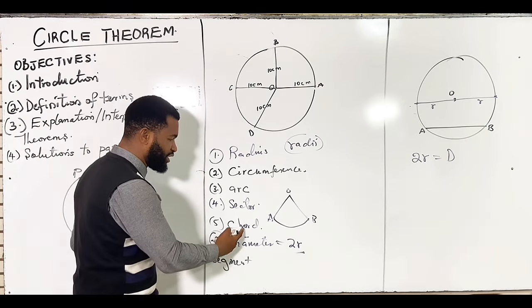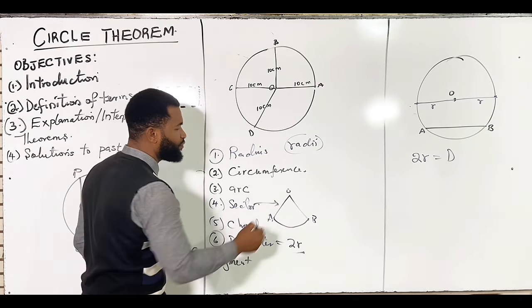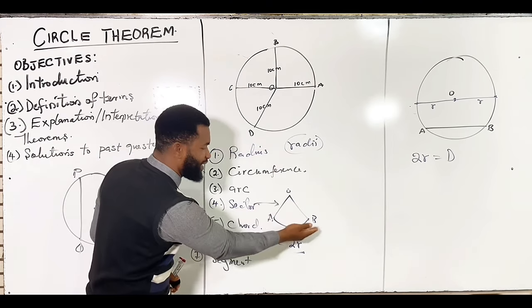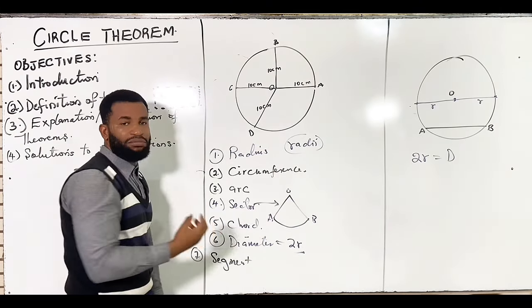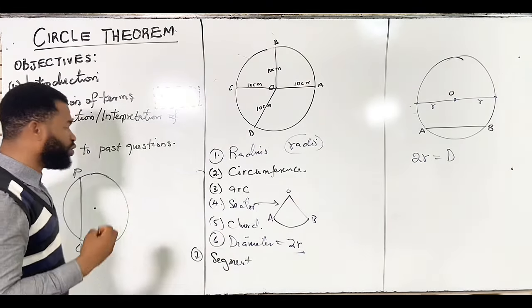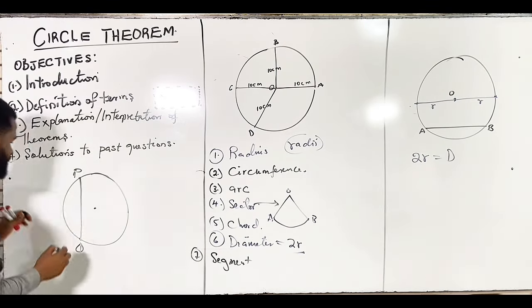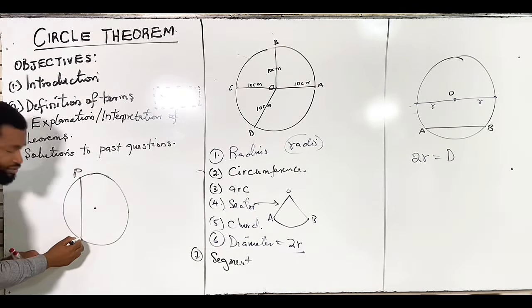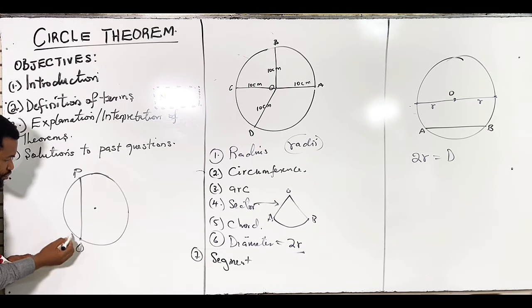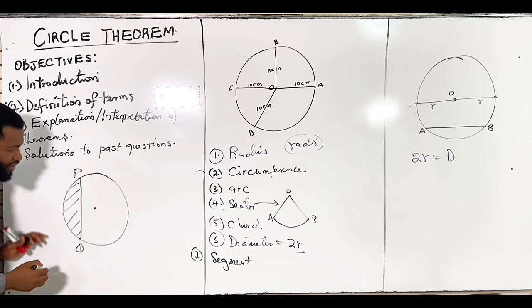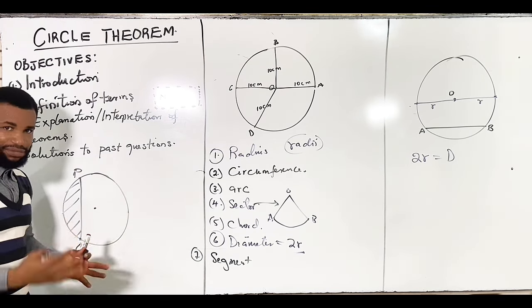Remember when I mentioned a sector, I said a sector is formed by two radii and an arc. But when we talk about a segment, we're talking about a chord and an arc. For example, PQ is a chord, and from Q to P is an arc. So this part, which I'm shading right now, is called a segment.